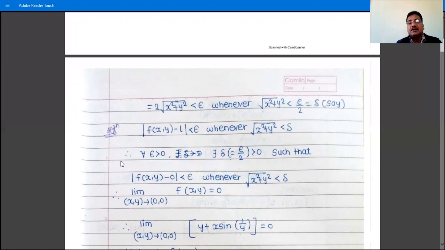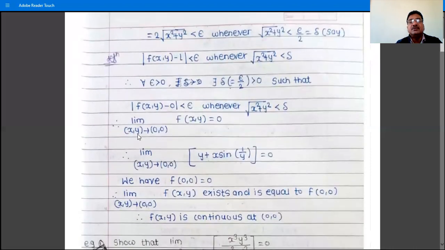After this step, write that for every epsilon greater than 0, there exists delta. What is its value? In brackets write delta is equal to epsilon by 2 greater than 0, such that mod fxy minus 0 is less than epsilon whenever root x square plus y square is less than delta. And therefore by using the definition we say that limit xy tends to 0 0, fxy is equal to 0.